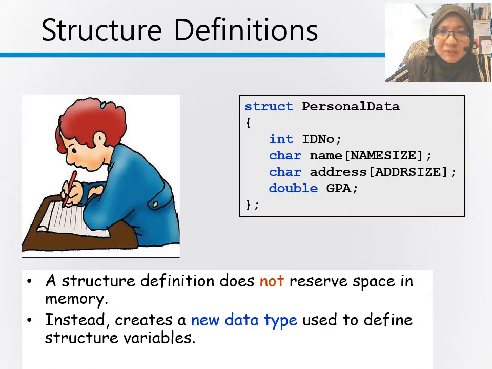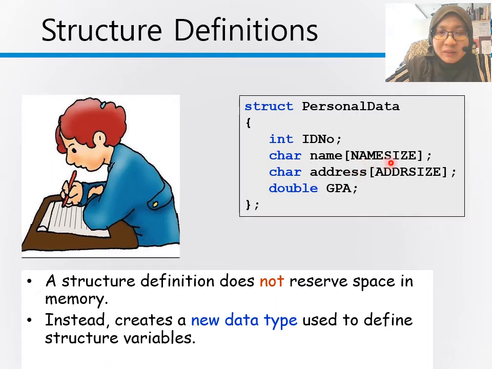So this example is a structure definition. When you want to represent a structure called personal data, the reserved word for structure is struct. You have the curly braces, integer ID number, character name. These two are arrays.